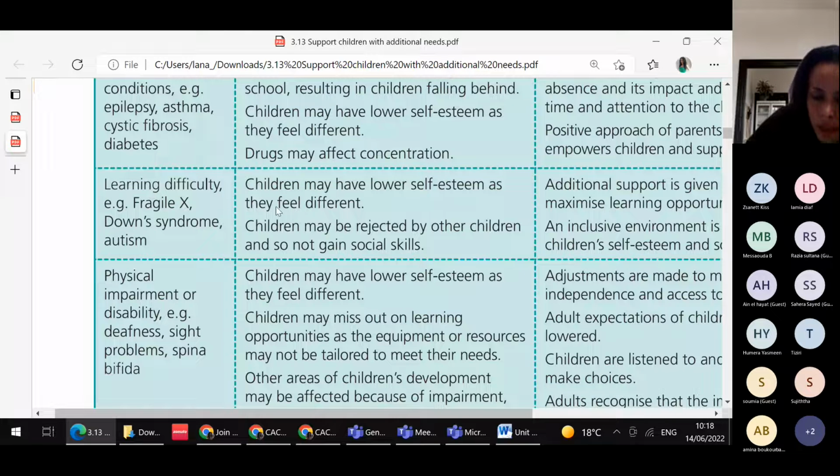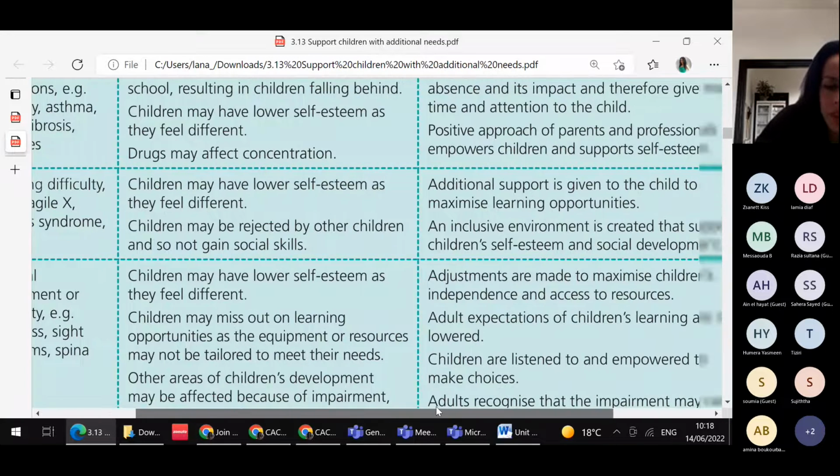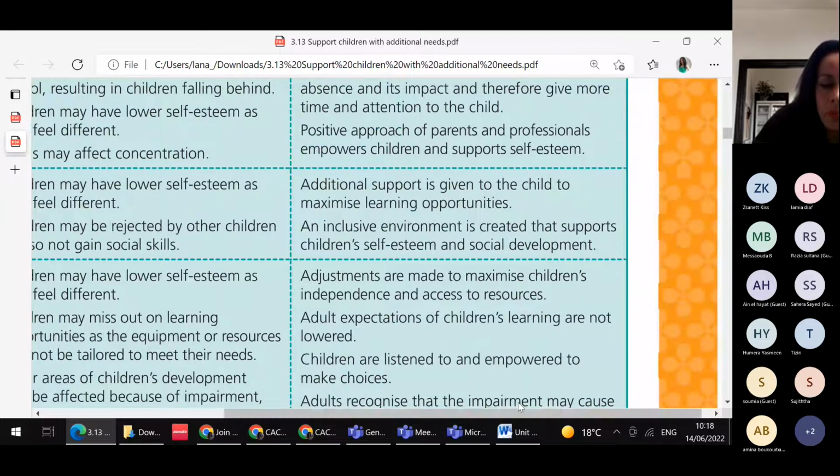How about the environmental effect? All this additional support given to the child will maximize the learning opportunities. So we will give the child more support to maximize their learning opportunities. Without us helping the child to develop, they will fall behind.